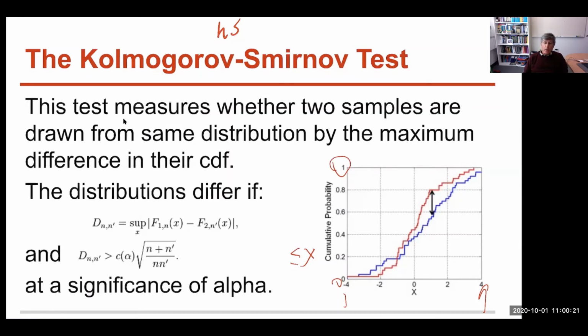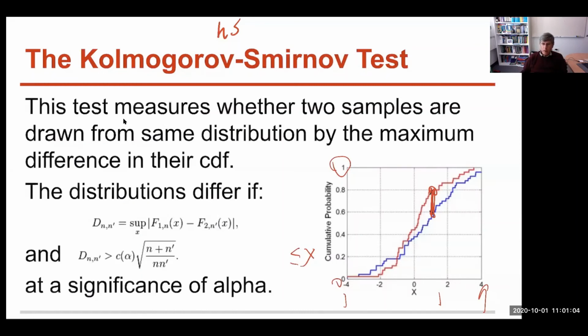When we look at these cumulative distributions, if we want to know whether the distributions are the same, the cumulative distributions should look the same. If they look the same, there should not be any point on this spectrum where there is a big gap, no value of x such that the number of things less than or equal to x on one is substantially less than on the other distribution. When I say number of things, I really mean the fraction of them, so you can use this for samples with different numbers of elements.